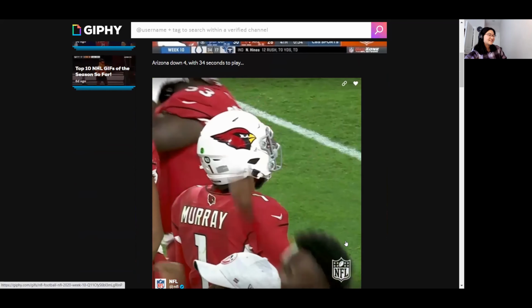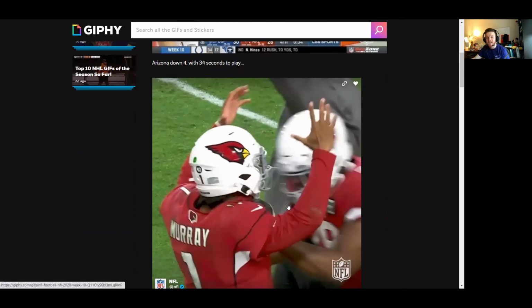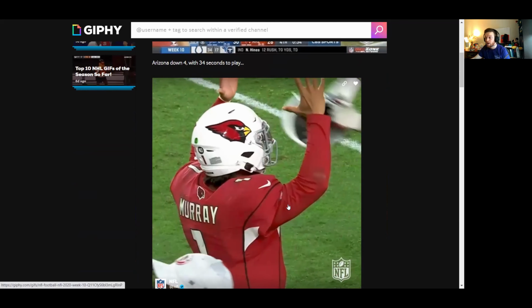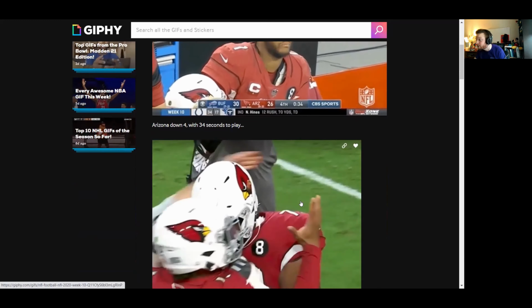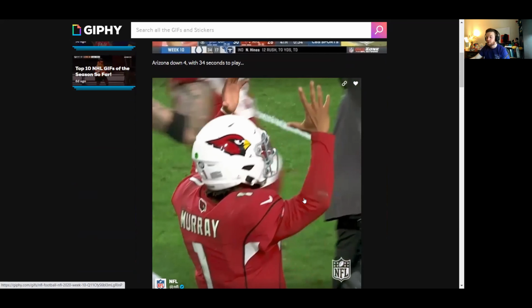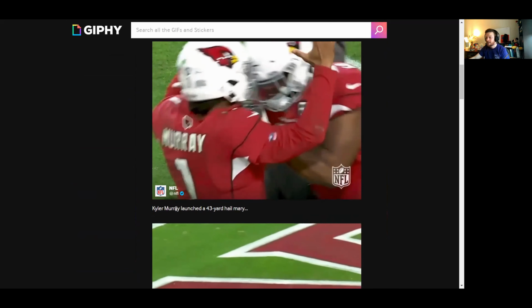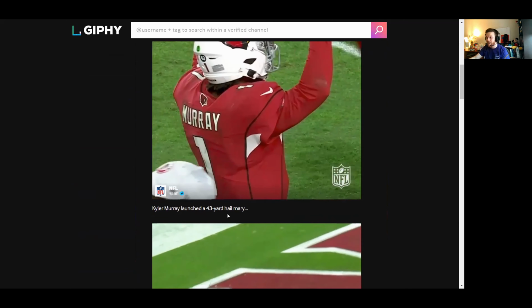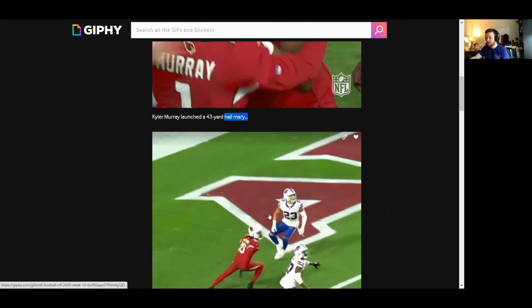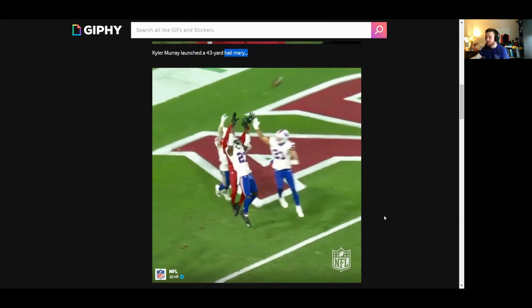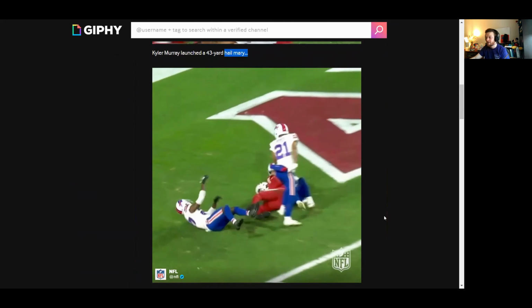He throws it. Murray throws it. He has just thrown the ball into the air. Kyler Murray launched a 43-yard Hail Mary. And here's his receiver, DeAndre Hopkins.